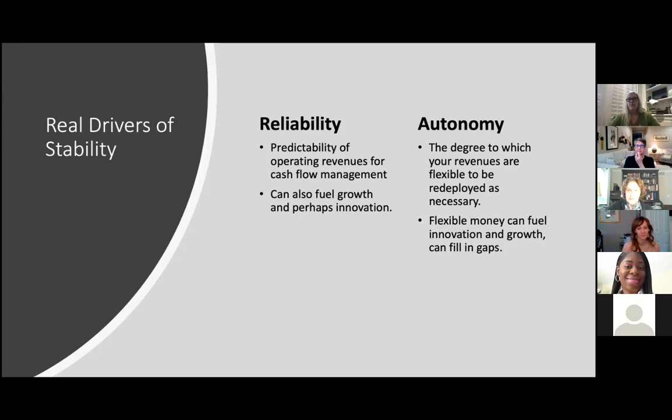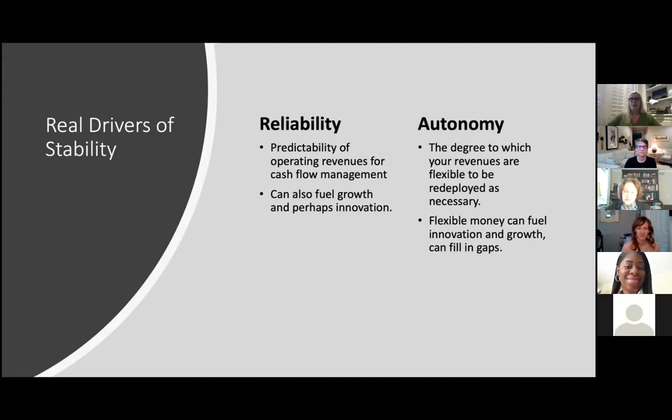So that could be a predictable source versus I'm going to XYZ Foundation, and many of y'all have heard some foundations do one year of money and then you have to wait for a period of time before you can reapply. That's not a predictable or reliable source of money, right? So predictable sources of funding can fuel growth and maybe innovation.